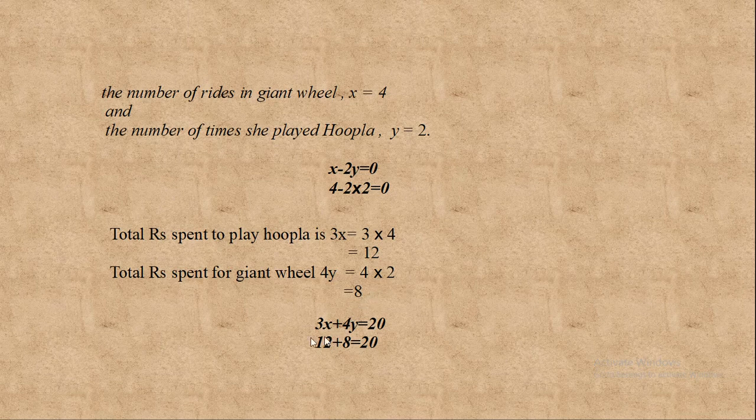That means when substituting the values in the second equation, we have 12 plus 8 equal to 20. Thus this equation is also solved. So that was the only point, x equal to 4 and y equal to 2, which solves both these equations, and that means that is the only solution for the pair of these equations.